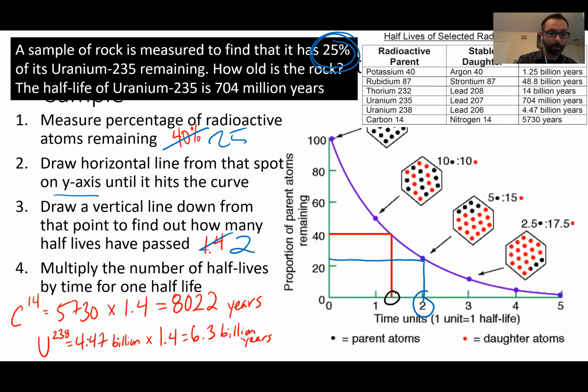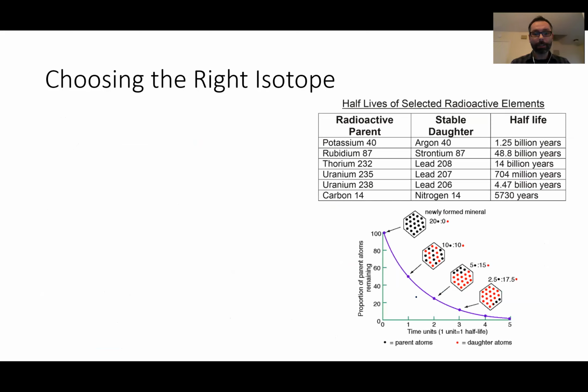I want to take 4.47 billion times 2, which is 8.94 billion years. This is a very old rock, right? But in any case, that's how you do it, right? You look at the percentages, you use the graph to figure out the half-lives, and then you do that quick math problem, right?